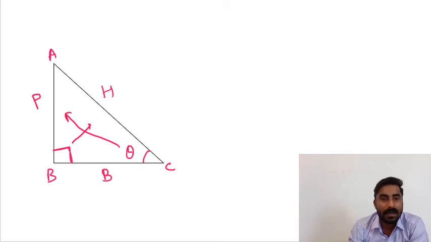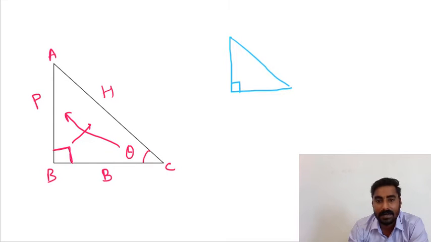Suppose here is another right angle triangle, this angle is 90 degrees, and this other angle is theta.